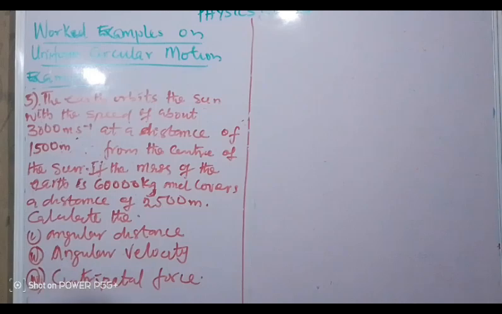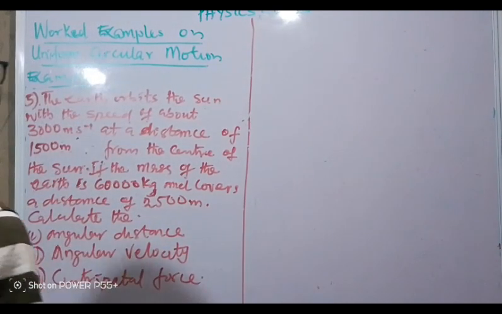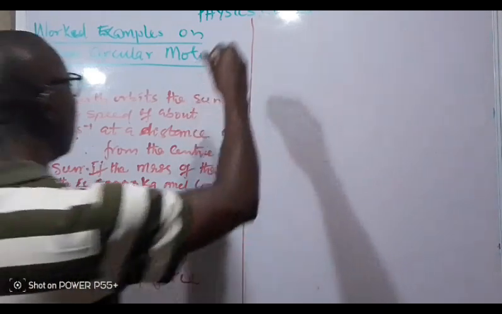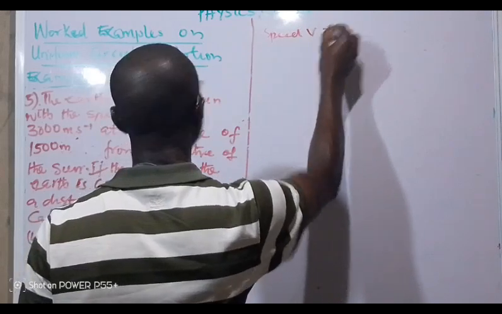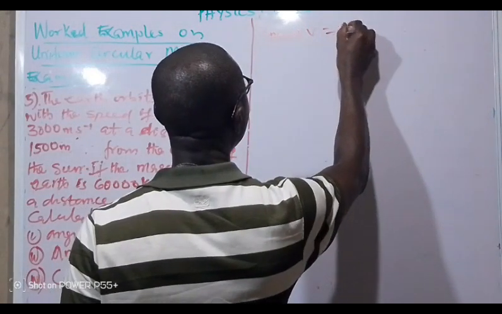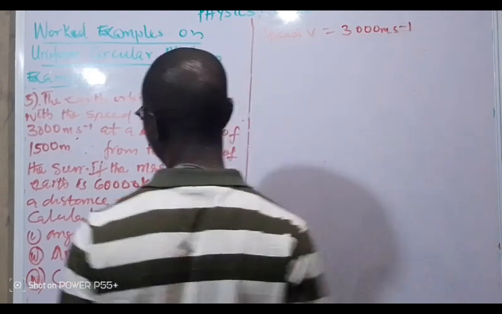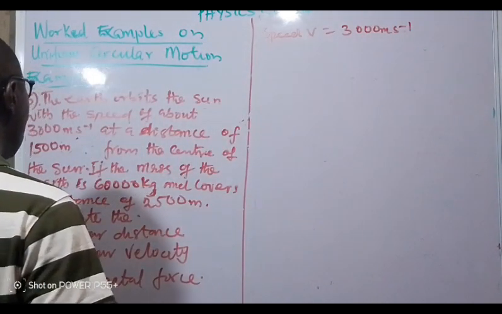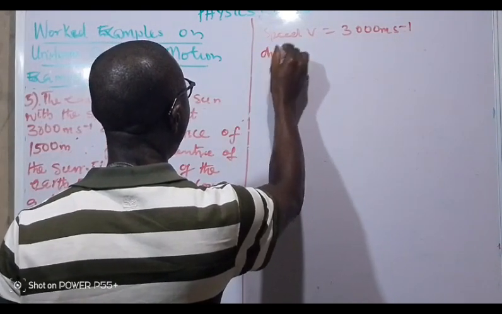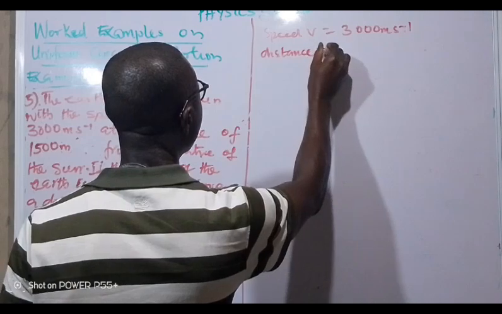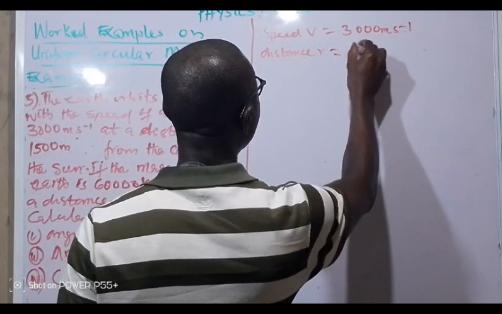Let us write out the parameters given in this question. The Earth orbits the Sun. The speed v is given: v is equal to 3,000 meters per second. Again, the distance r, that is the radius from the center of the Sun, is 1,500 meters.